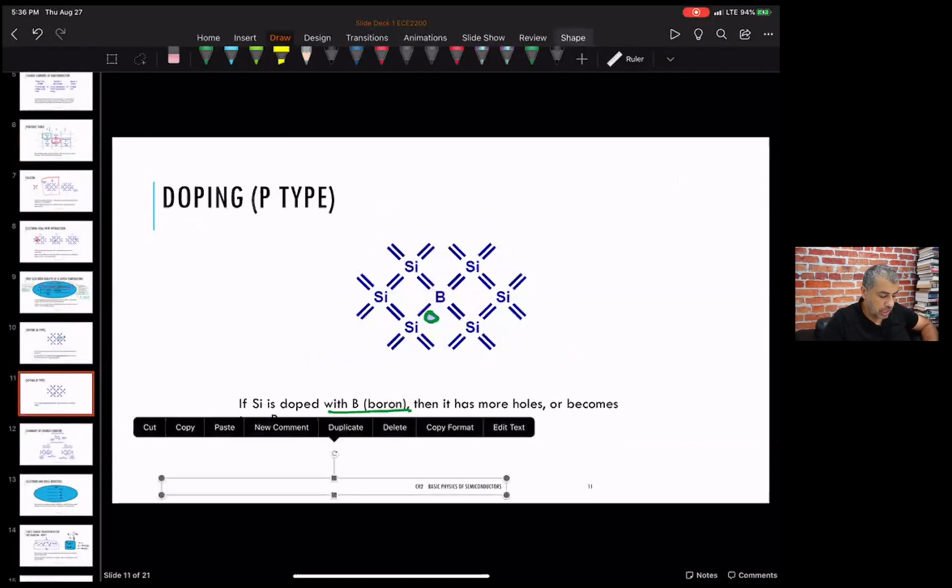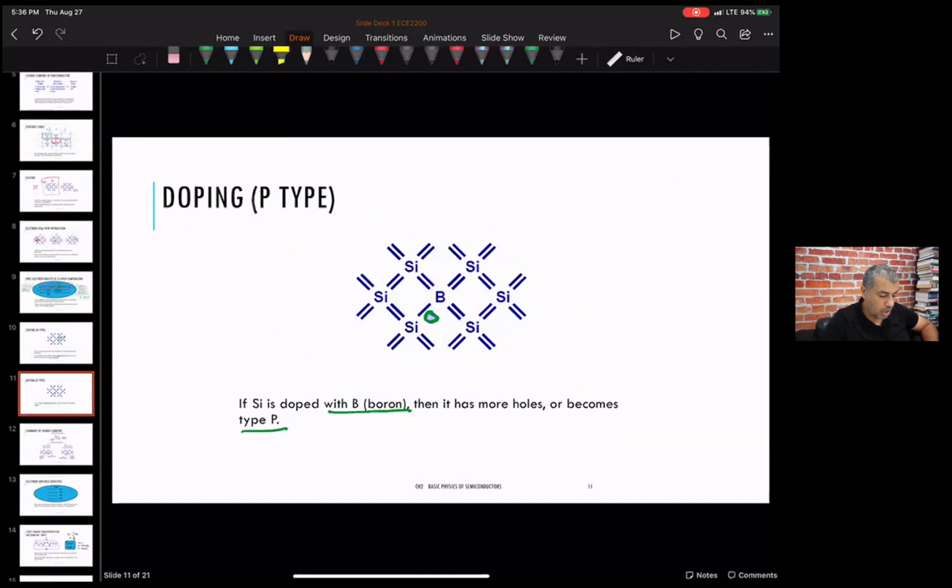Because boron or any group 3 dopant has only 3 valence electrons, you'll always have a hole for which there is no corresponding electron. That way you can make a piece of semiconductor have excess holes or excess electrons.